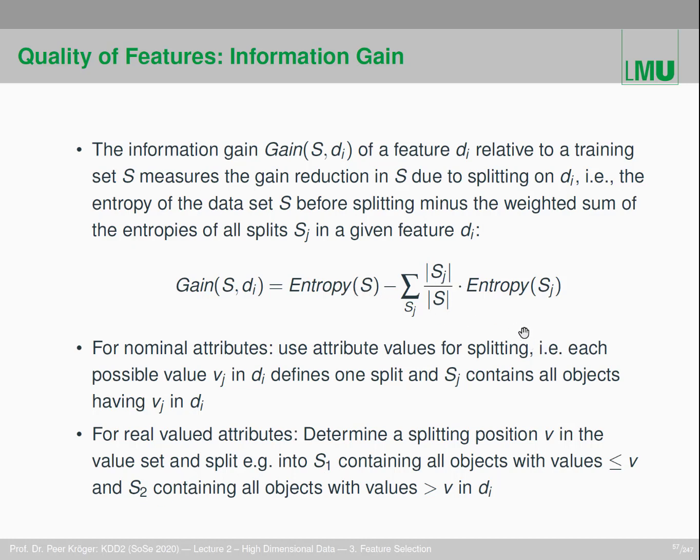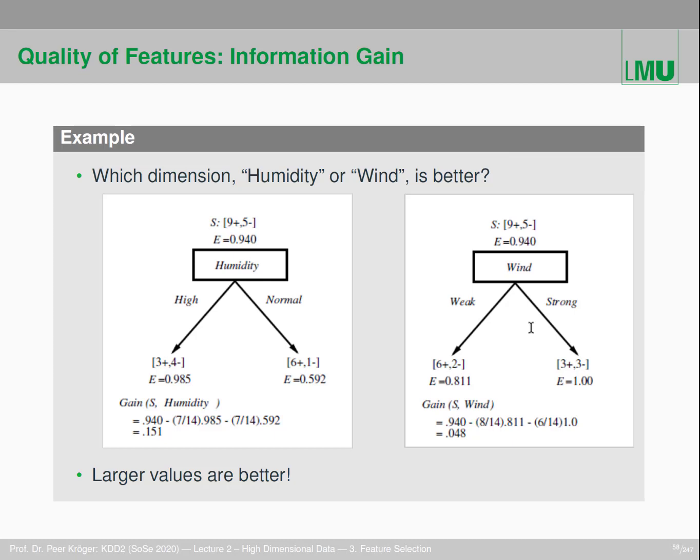And then you can again compute information gain. So here's an example. The question is, which dimension is better, humidity or wind? Here you see that the original training set is not very good. You have 9 plus and 5 minus, so the entropy we saw before is 0.94. And then you have, for example, 2 possible values in humidity.